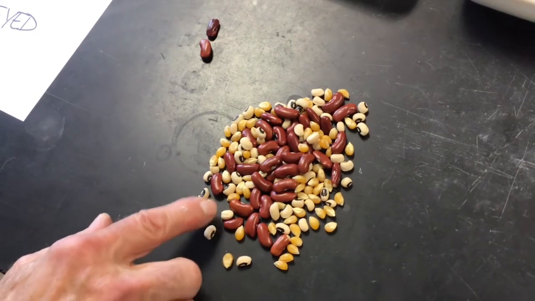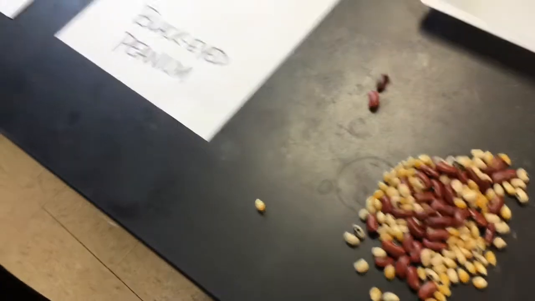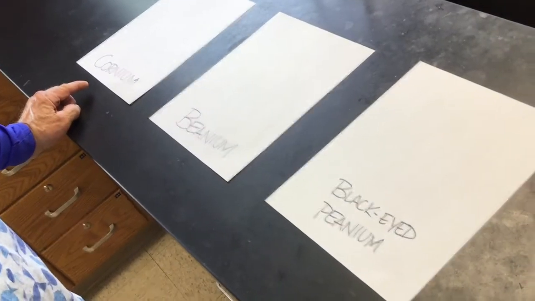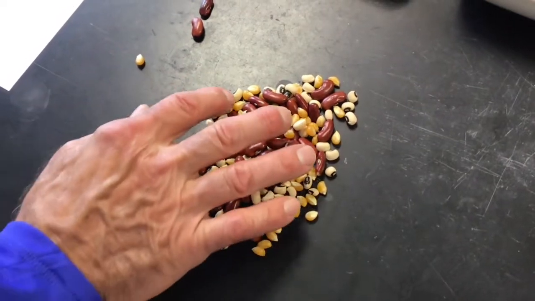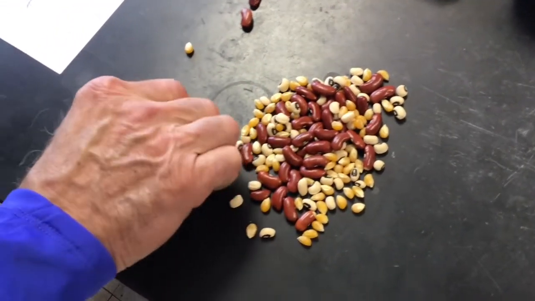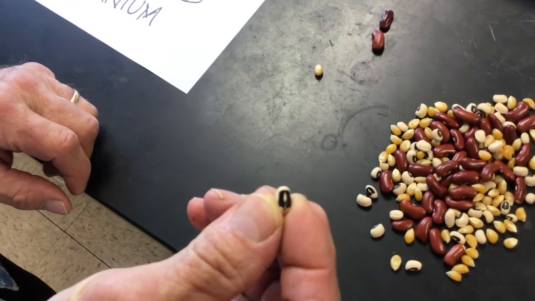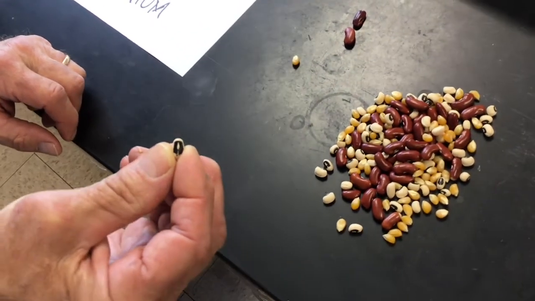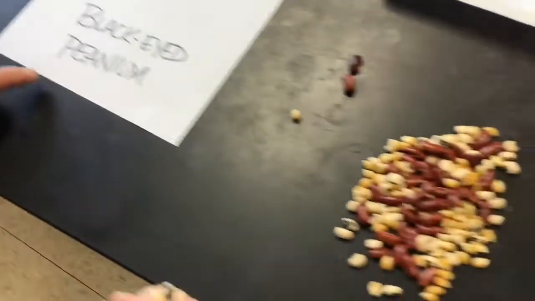We have corn kernels in here. Take a guess. We have an isotope that is cornium. And finally, this is not quite as common: are you familiar with a black-eyed pea? Therefore, we have black-eyed peanium.